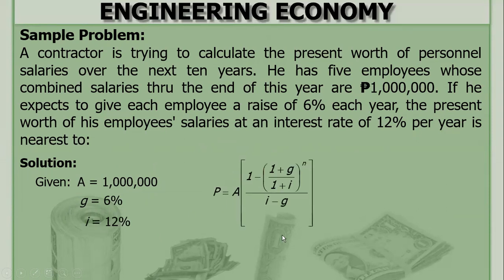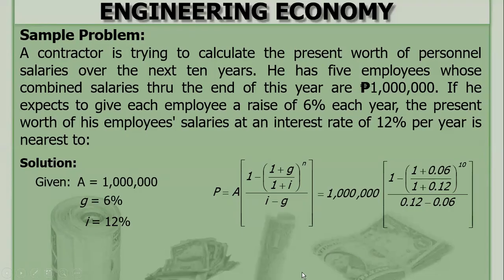So it is direct substitution in the formula: A is 1 million, G is 6%, I is 12%. This is a common problem. So, this is the present worth of the employees' salaries for 10 years.